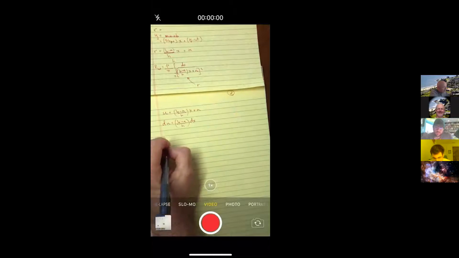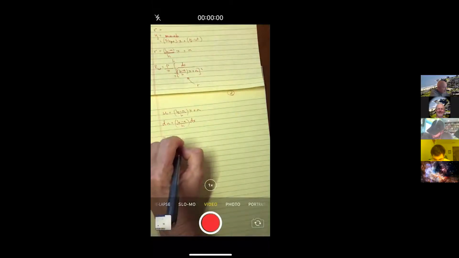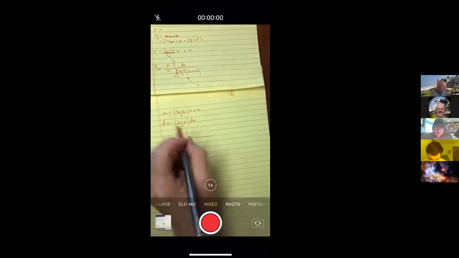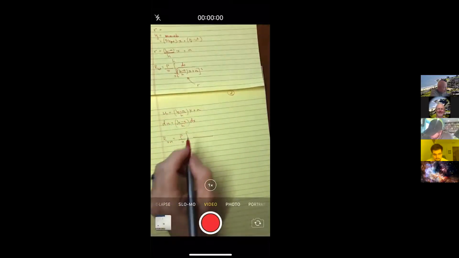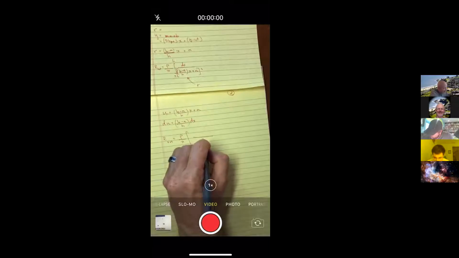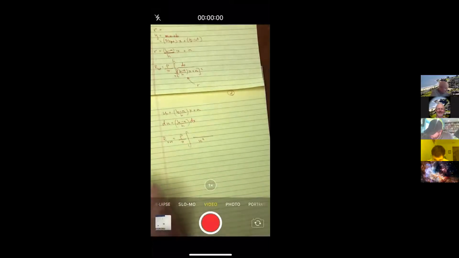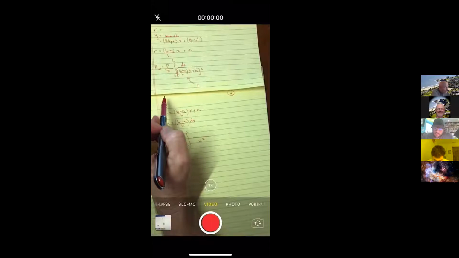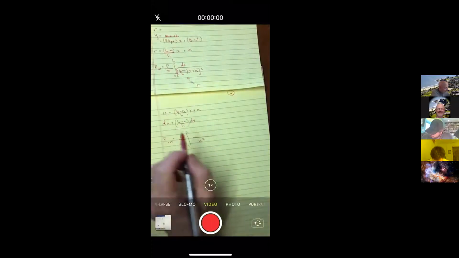So now if I do my u-sub, and this whole thing is u, downstairs I just have u squared. And then of course upstairs I want to put in a dx.